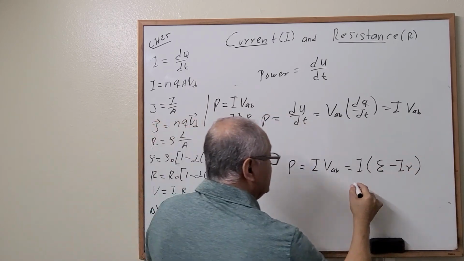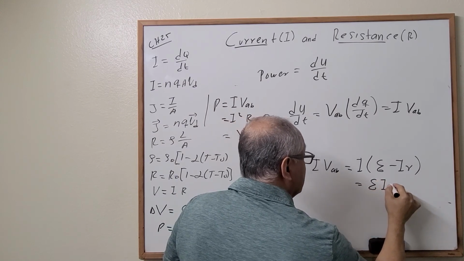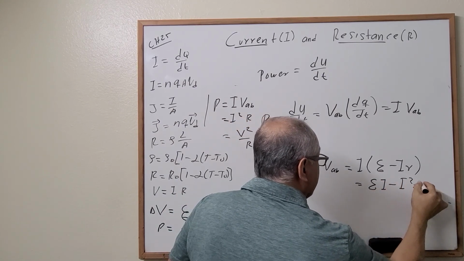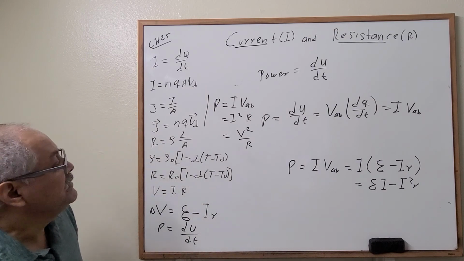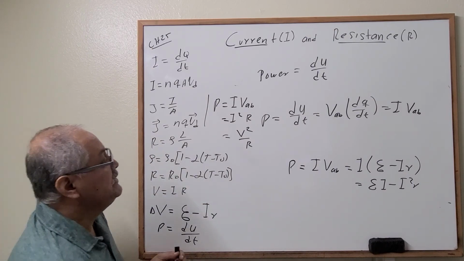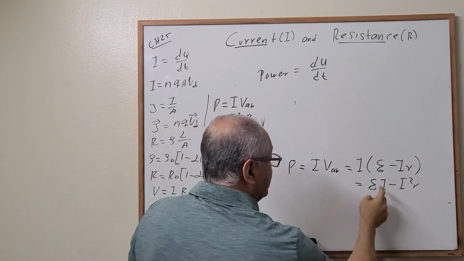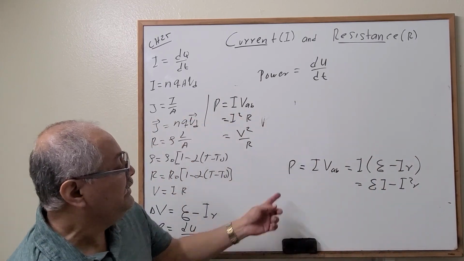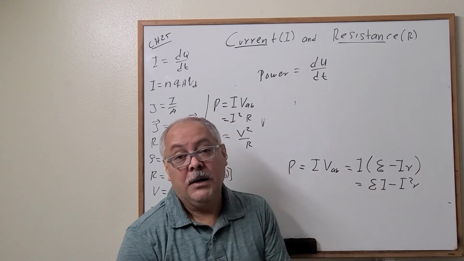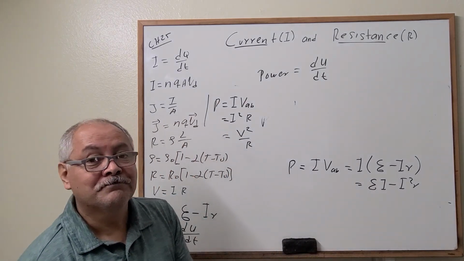So this equals electromotive force times the current minus current squared times the internal resistance. Perfect. So it's another way to represent power, but in this case using the battery, the electromotive force.